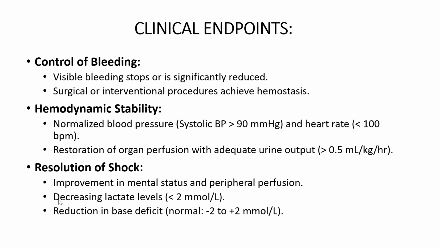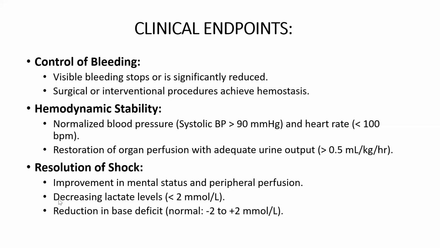Clinical endpoints: usually visible bleeds, if there are any like an open fracture, etc., you should see that it is taken care of either by surgical intervention or probably an interventional procedure. Look at the systemic signs: your vitals should be stabilized and the hemodynamics should be optimized. Better to get a systolic blood pressure of more than 90 millimeters of mercury and a heart rate of less than 100 beats per minute.